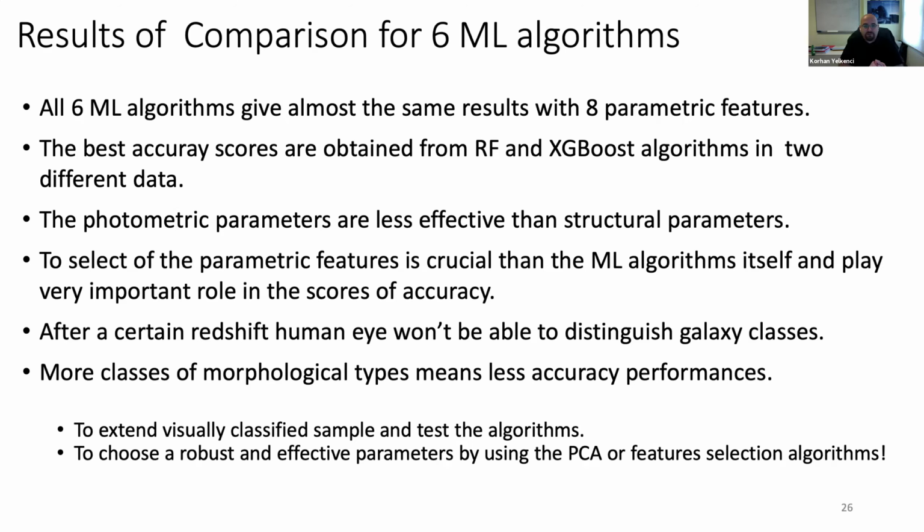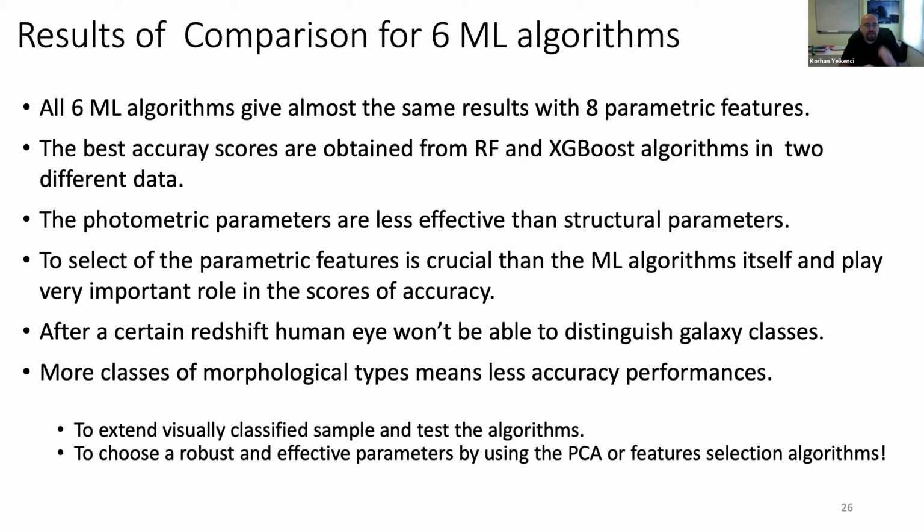After a certain redshift, humans won't be able to distinguish galaxies. So we should do those kinds of applications, because if you go deeper in the universe, your images will be a little bit smaller, and your eyes maybe can't detect which galaxy is which.